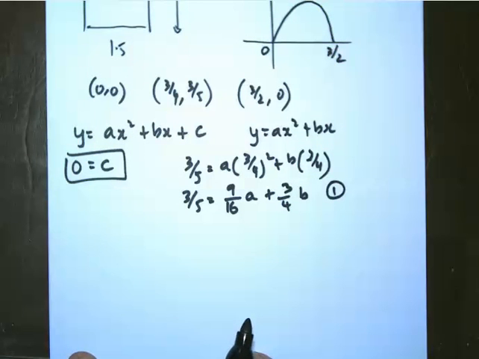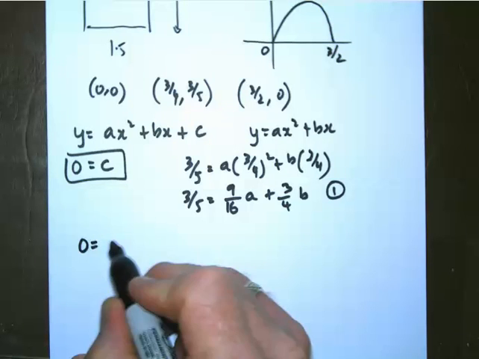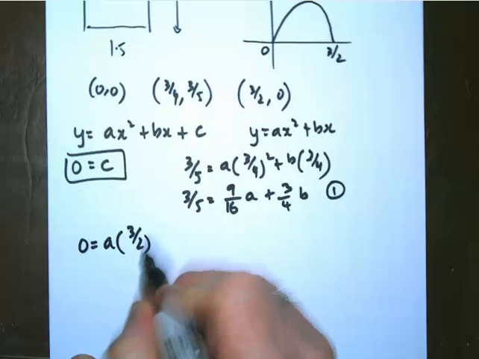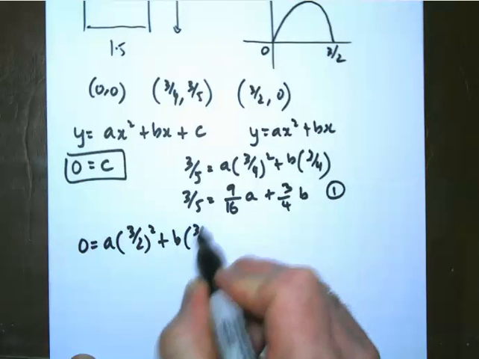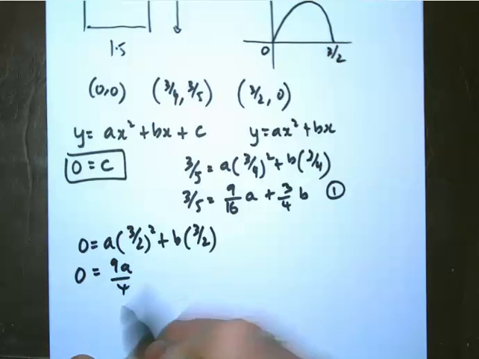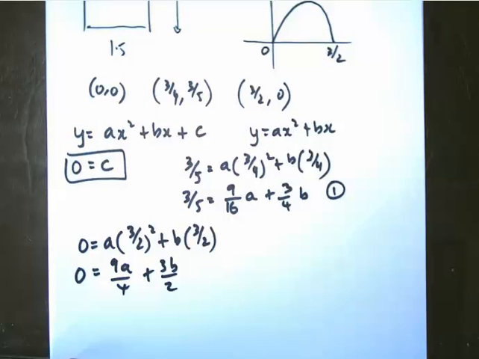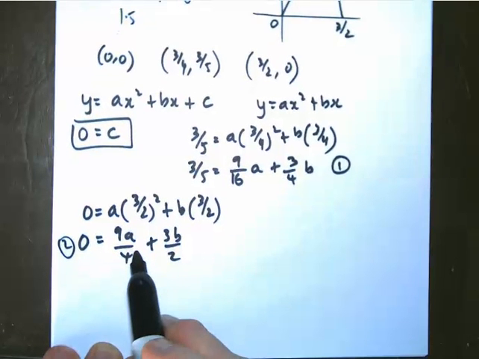Subbing in the other piece of information, 0 will equal a times 3 on 2 squared plus b times 3 on 2. 0 equals 9a on 4 plus 3b on 2. Now, I have 2 equations and 2 unknowns, a and b, but I've got all these fractions. Since this is quite straightforward, what I might use is a substitution method to try and find a and b.